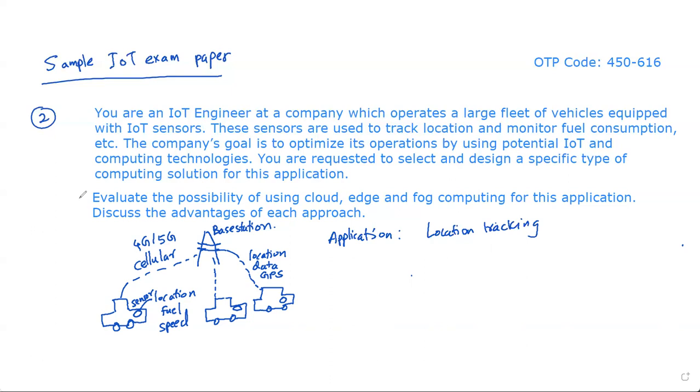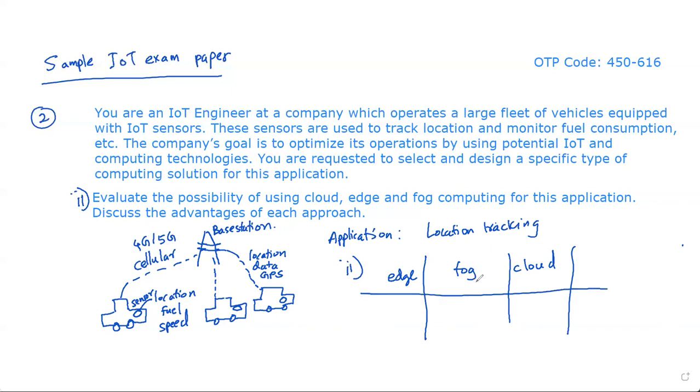So once you're answering this question, you need to evaluate the possibility of using cloud, edge, and fog computing in this application. Edge computing, fog computing, and cloud computing are basically the main types of computing technologies that we can use in an IoT network, right?